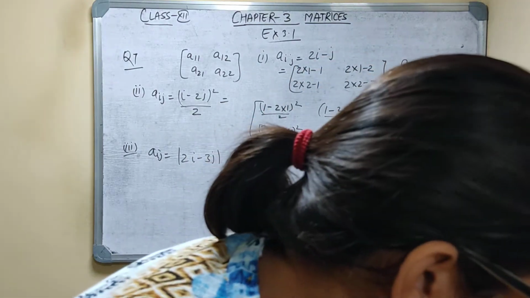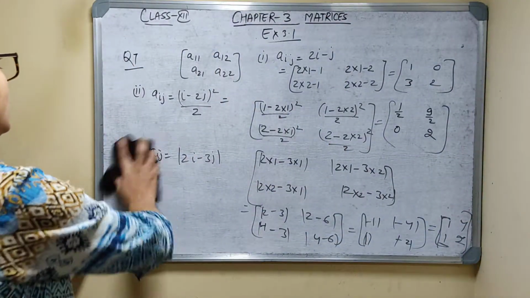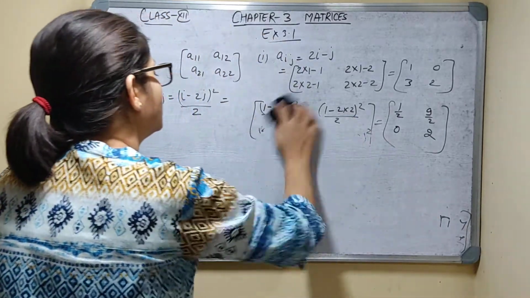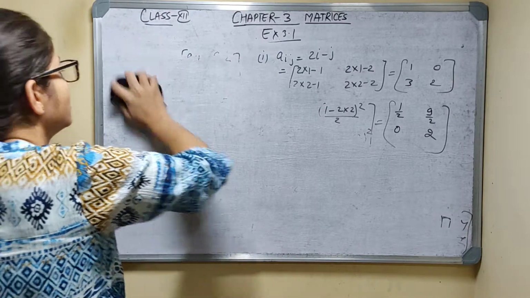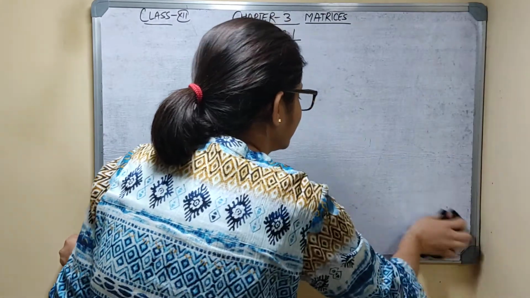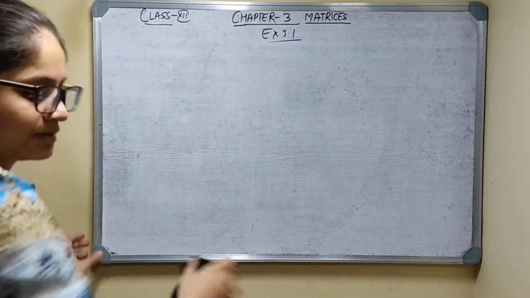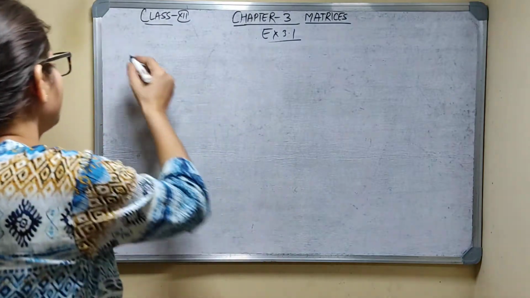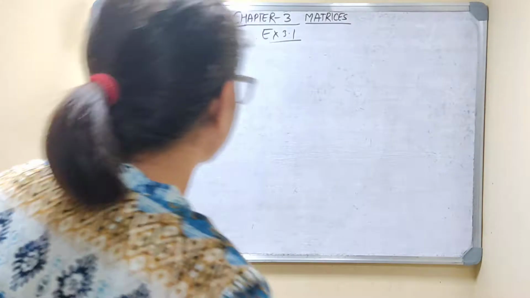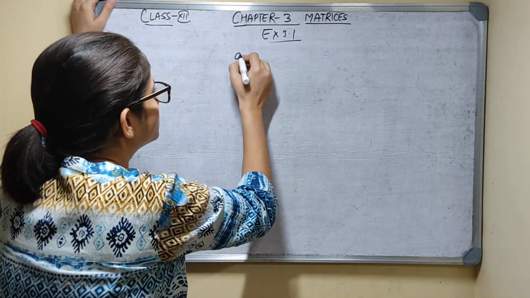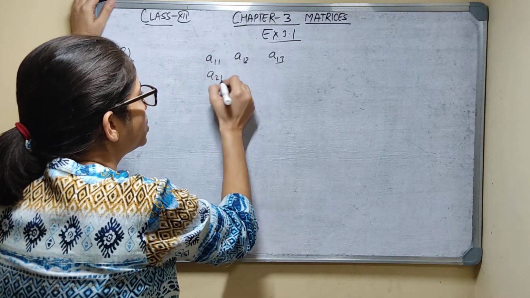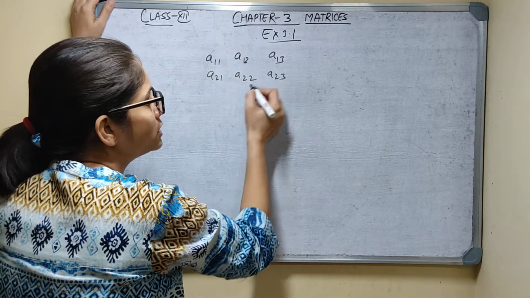Now question number 8. Construct a 2 by 3 matrix, which means 2 rows and 3 columns. So A11, A12, A13, A21, A22, A23.